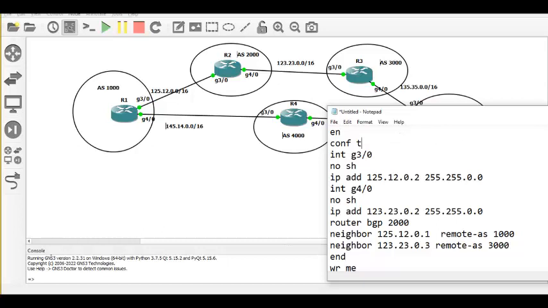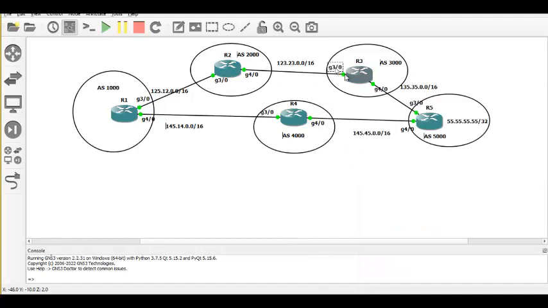Now, router 3. Here, 135.35. So gig 3/0 should be 123.23.